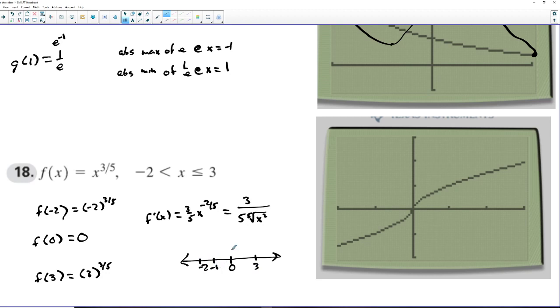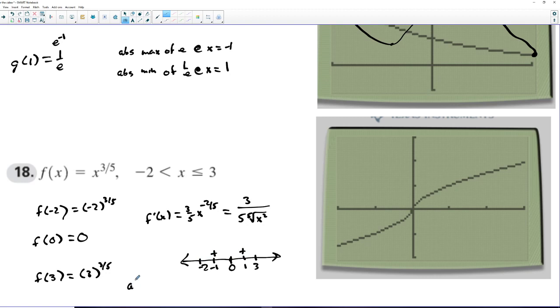Now, if we plug in -1, that's a positive. That's 3 over 5 times, well, it's 3/5. So that's positive to the left of 0. Then if we plug 1 in, we get a positive value again. So this function is increasing. It goes to 0 and then keeps increasing. So that's not a minimum or a maximum.